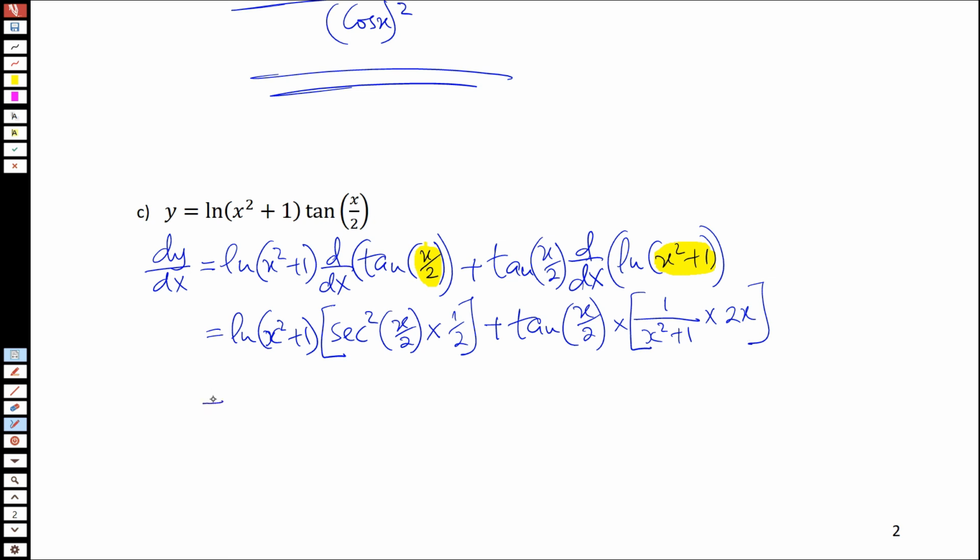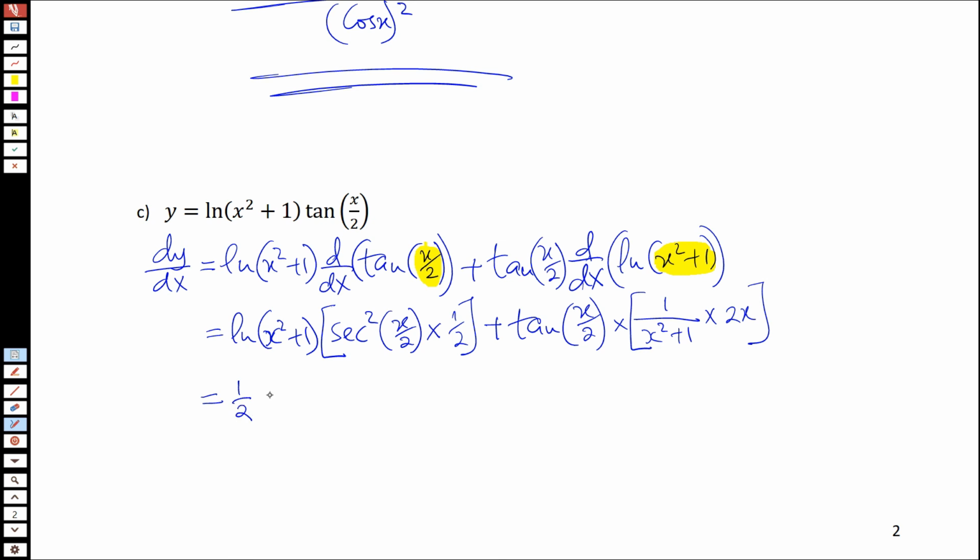So if we put all these results together, we have ln of x squared plus 1 multiplied by, actually we have a half, so let's just have a half in front.